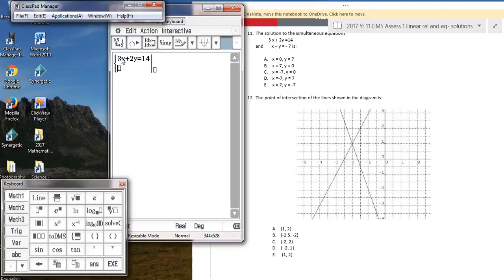Arrow down to the next one, x minus y equals negative 7. Tell the calculator what it is we want it to find. So we want it to find both x and y, and hit enter. So our only possible correct answer here is A.